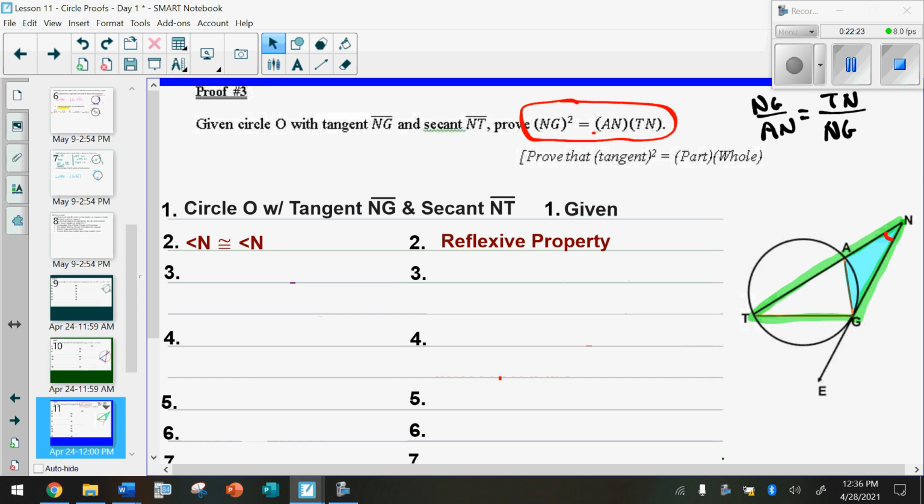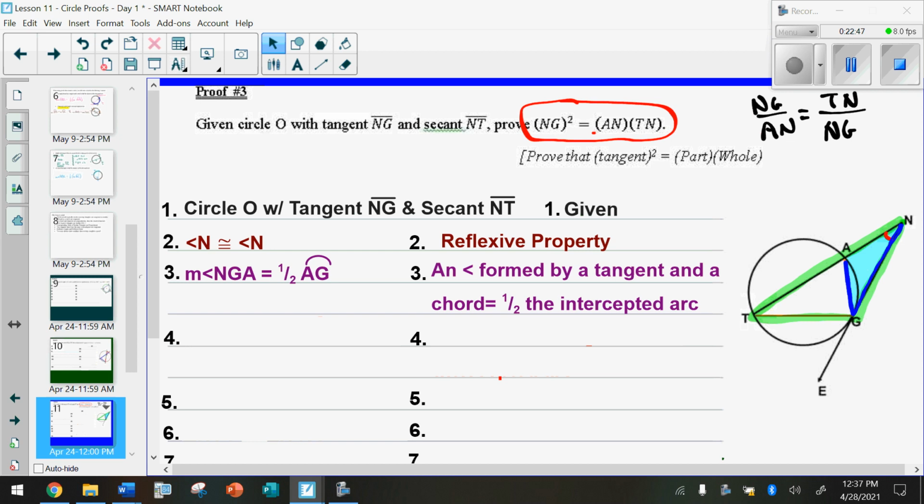Now, using the rules that we know about intercepted arcs and angle measures, we can say angle NGA, which is an angle formed by a tangent and a chord. An angle formed by a tangent and a chord is half the intercepted arc. That was one of the rules we went over at the beginning of this video.